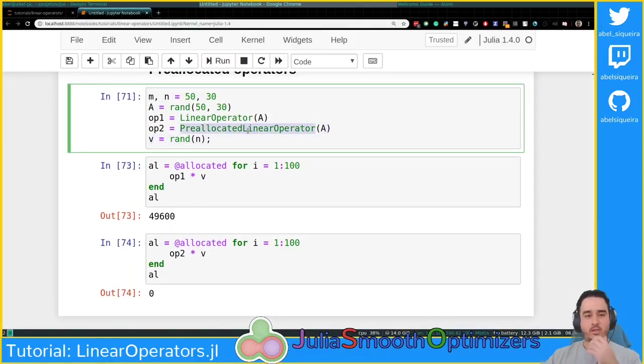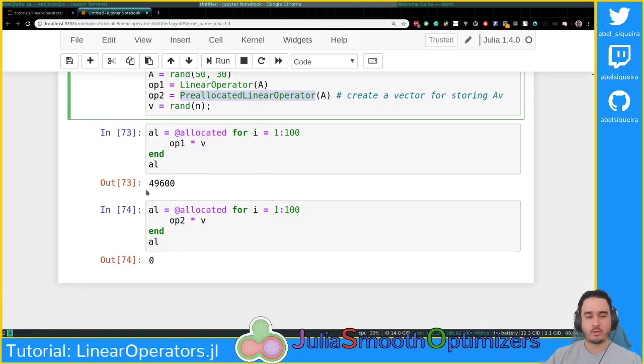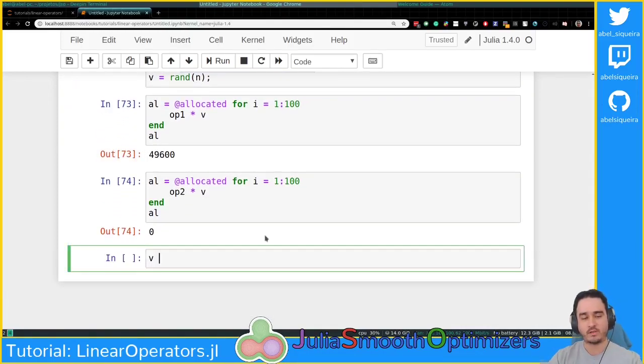So the pre-allocated linear operator creates a vector for storing AV internally. You should always remember this when you use a pre-allocated linear operator, or when you create the memory yourself, of course. If you compute A times V, and then you compute A times W for another vector.